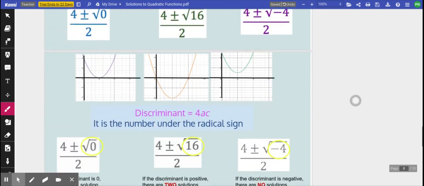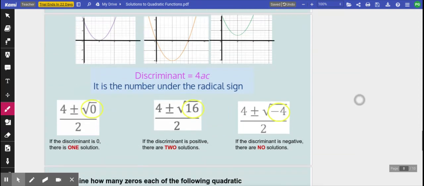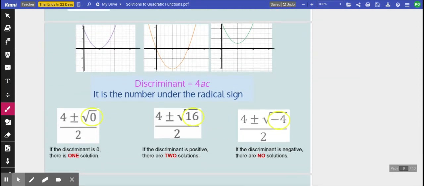If the discriminant equals 0, there will be one solution. If the discriminant is positive, there are two real solutions. And if the discriminant is negative, there are no real solutions.